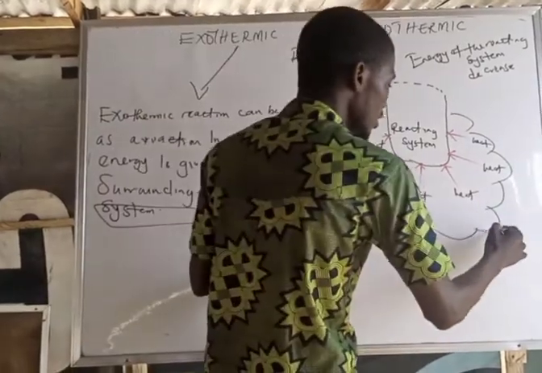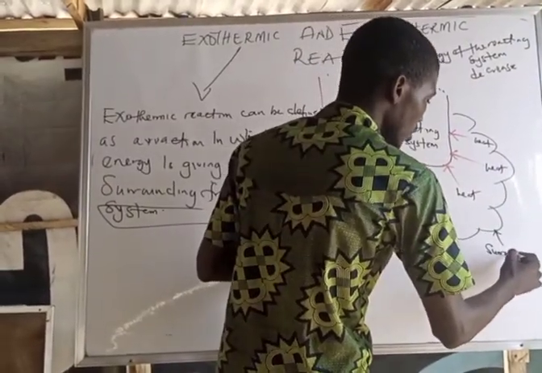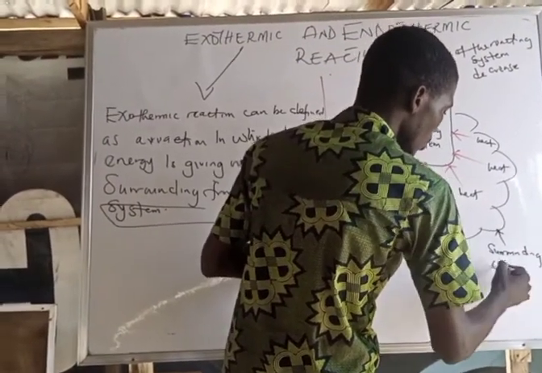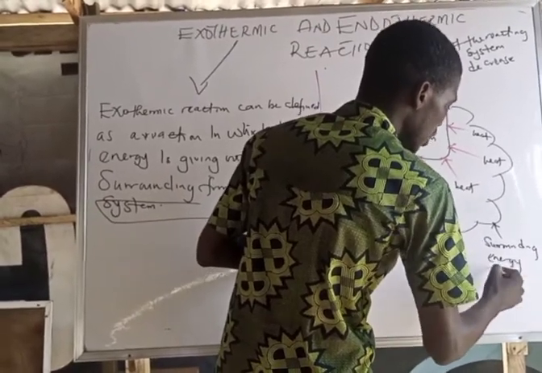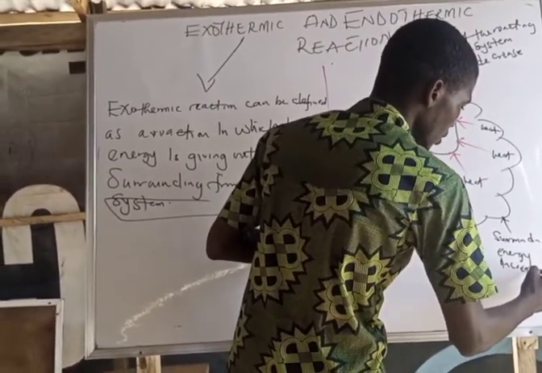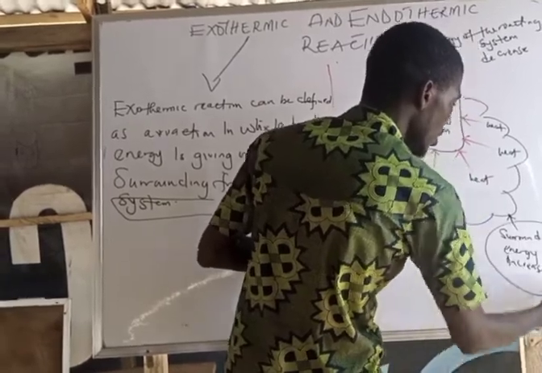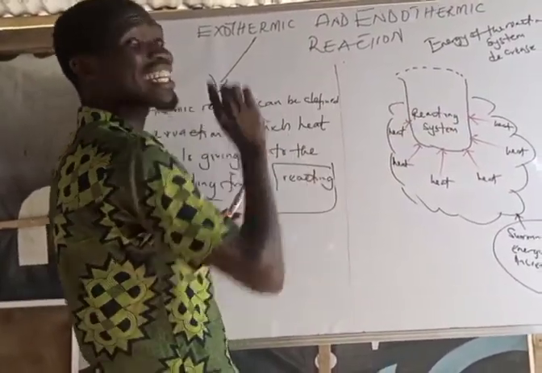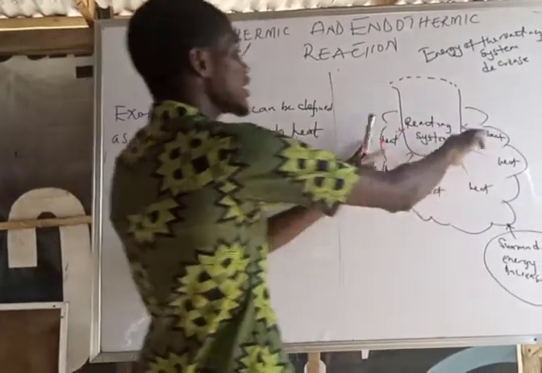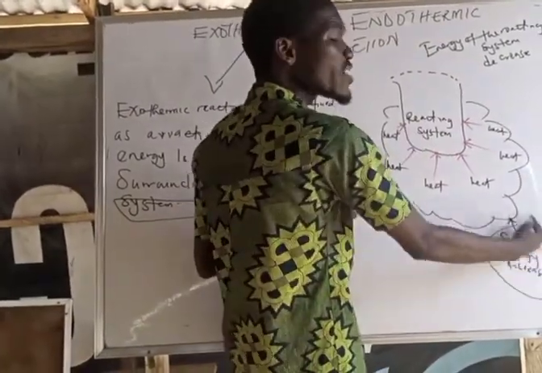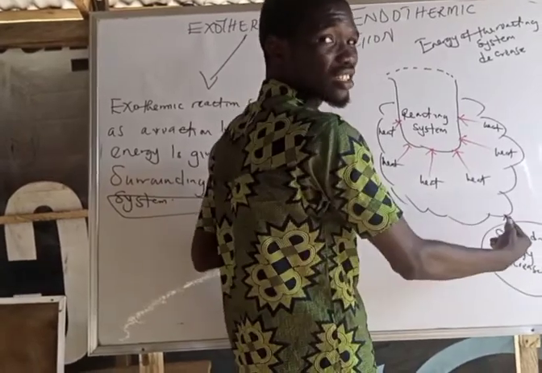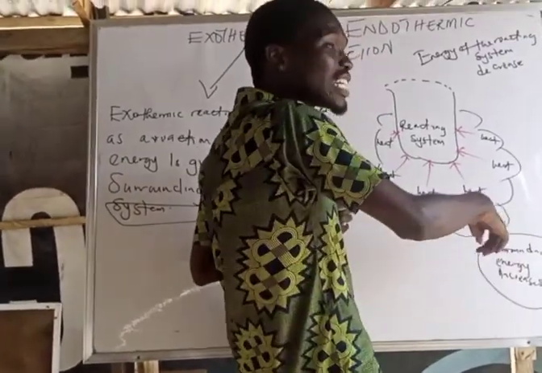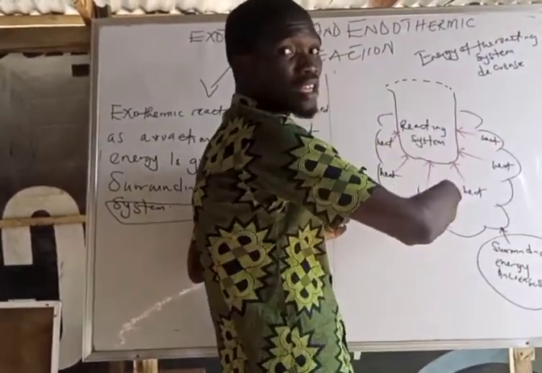So we said surrounding energy increases. And one thing you should know is that for this reacting system to produce a decrease in energy, the surrounding you are seeing here will give rise to an increase of energy around that particular system.